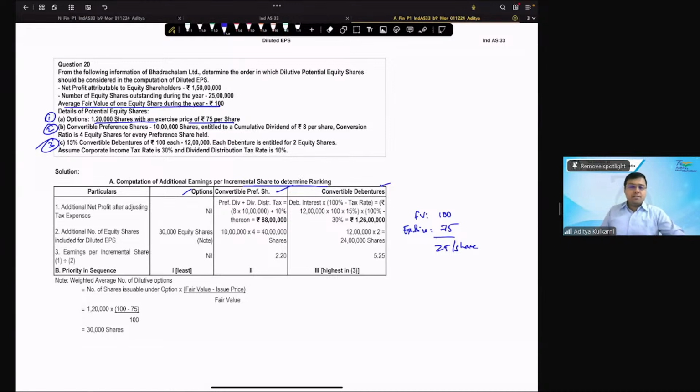You gave an option with an exercise price of 75. Yes or no? Yes, sir. Now, when you have given an option with an exercise price of 75, do you think that this option is favorable for the holder? Yes, sir. He will get less than the fair value amount.